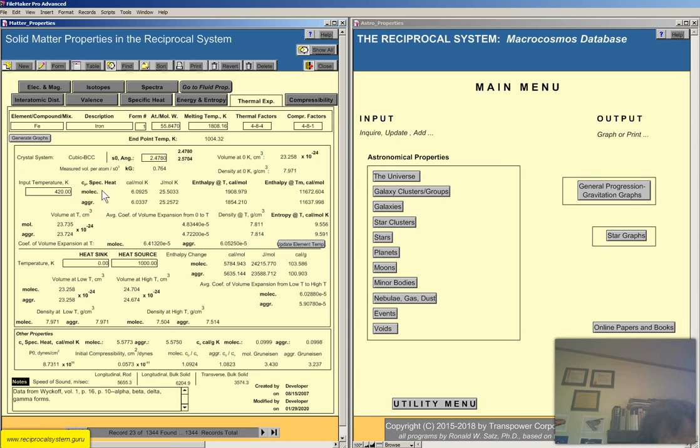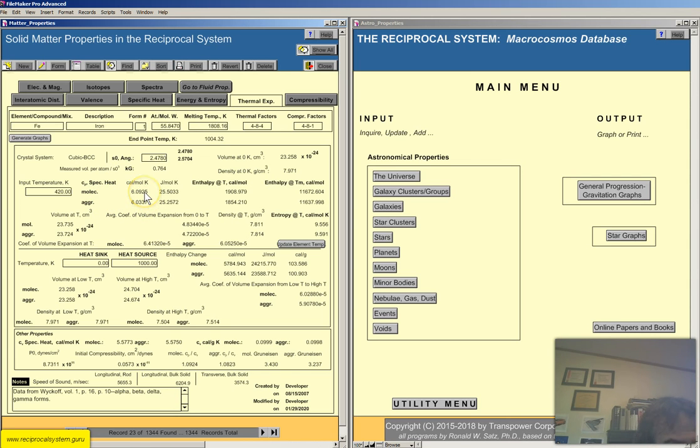And then the program will calculate C sub P, which is the constant pressure specific heat, which is really more important theoretically than C sub V, although I do calculate that. There can be a difference between the molecular and the aggregate values, so keep that in mind.